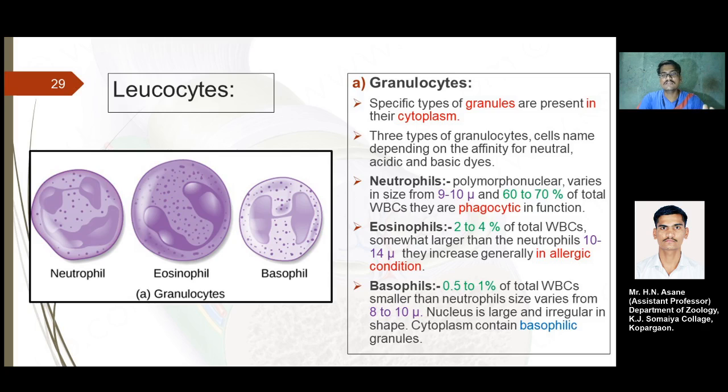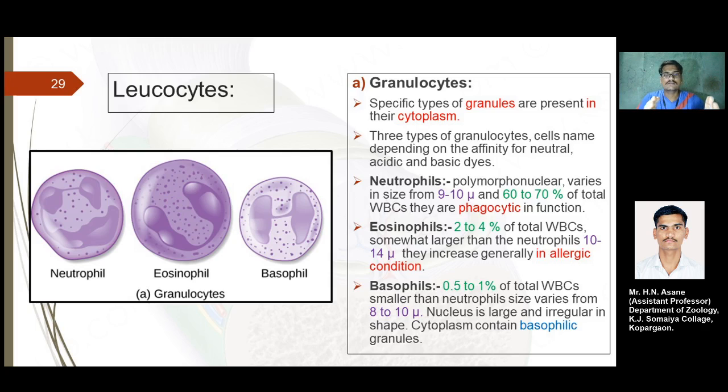But one more thing about the eosinophil, I forgot to tell you: if you have to locate in the blood smear which type of cells are the eosinophils, which are the neutrophils, or which are the basophils, you should focus on the nucleus.